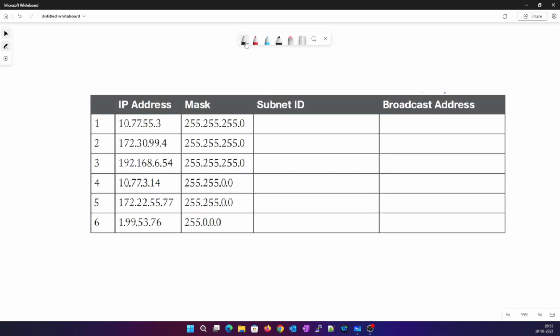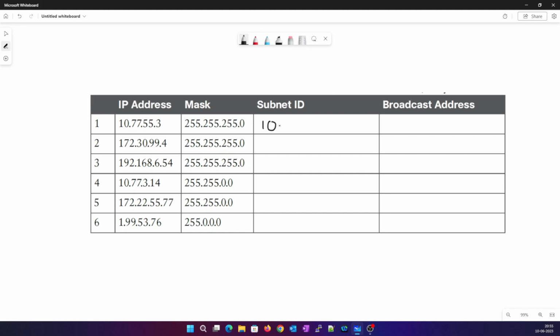So let us do a few questions here. There are a few IP addresses given with their address masks. Let us try to find out their subnet ID and broadcast address. The first is 10.77.55.3. Wherever there is 255, copy those octets.